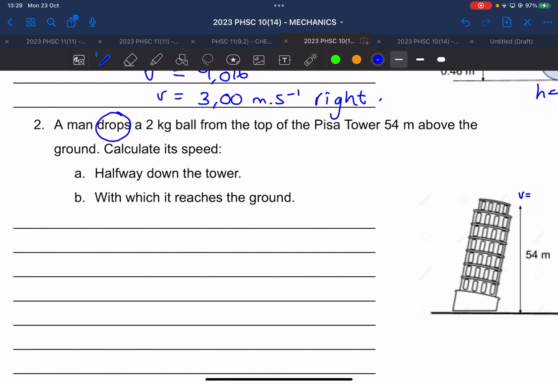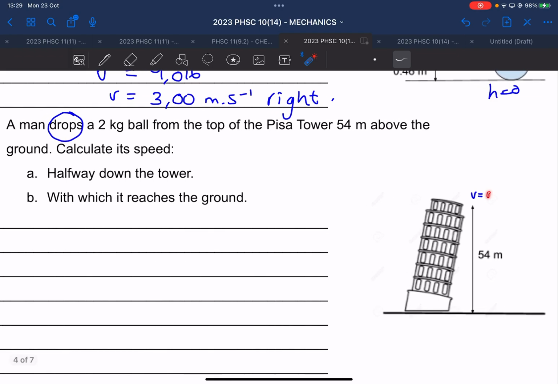So he didn't throw it down. If he said he threw it down, then it needs to have an initial velocity, the starting velocity. But because it's dropped, it fell from his hand. So if I drop it, the velocity at the beginning was 0. So that word drop is your clue that the velocity at the top there is 0.